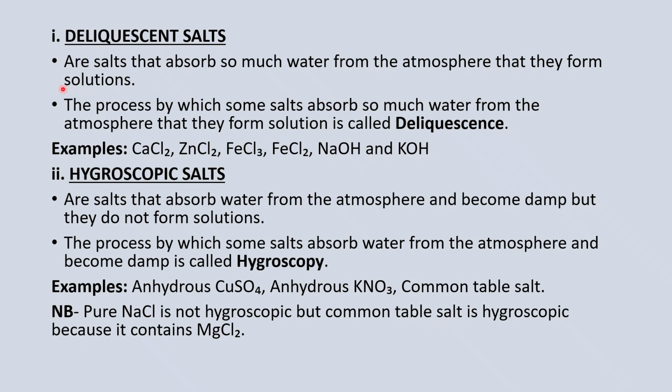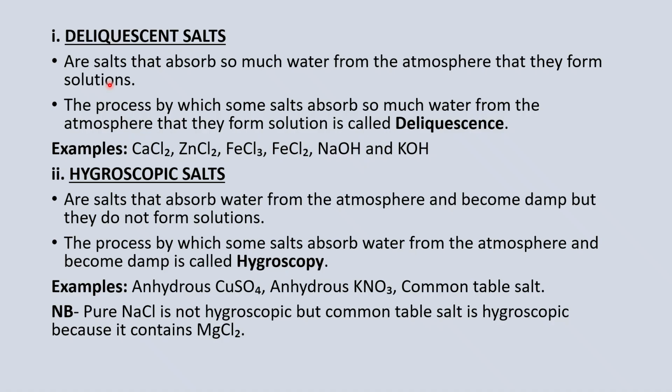So all the salts that absorb a lot of water from the atmosphere forming a solution are known as deliquescent salts. The process in which these salts absorb water to form solutions is called deliquescence.